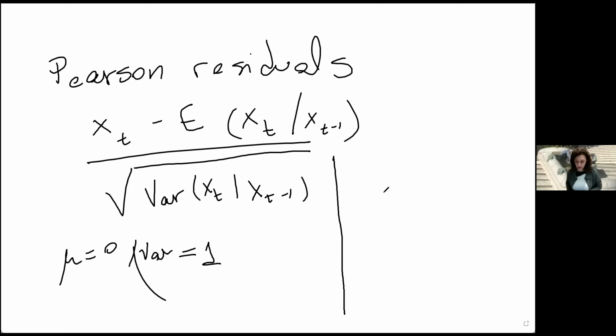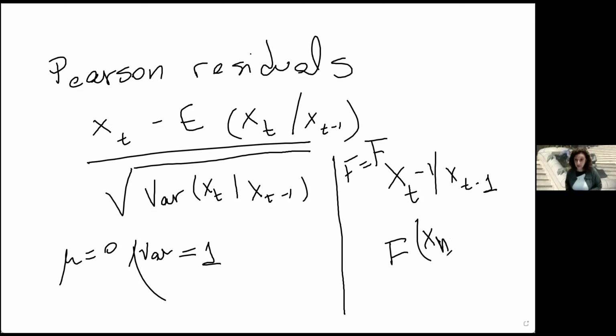Take the distribution of X_t given X_{t-1}, and for this distribution we just compute F of the observed X_t.